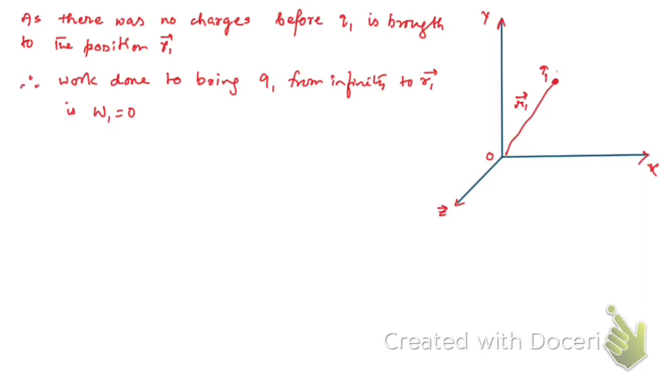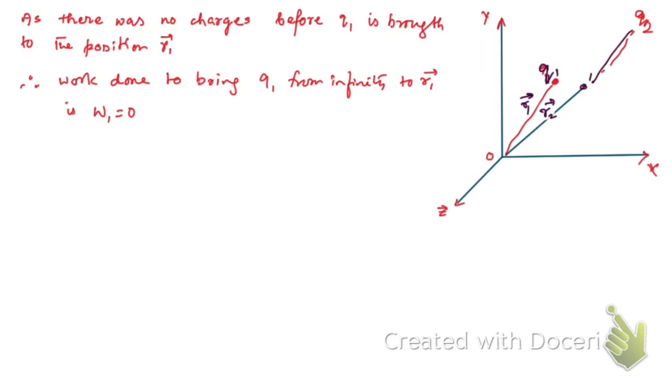Now we are to bring Q2 from infinity to the position represented by R2. This is R2 position vector, right? This is Q1 charge, and this is at this position R1. So this is R2 position vector of this Q2 charge.